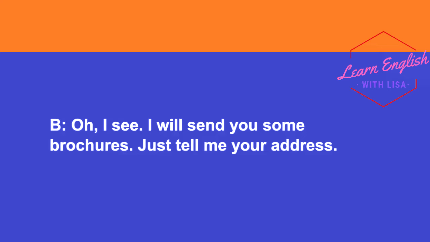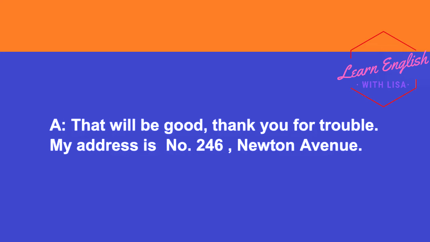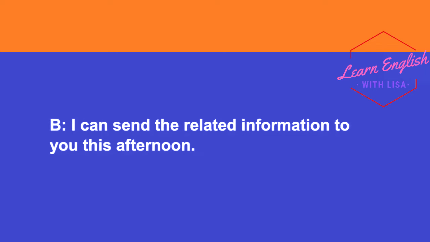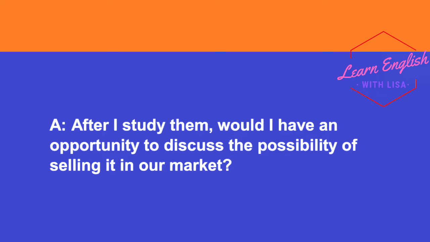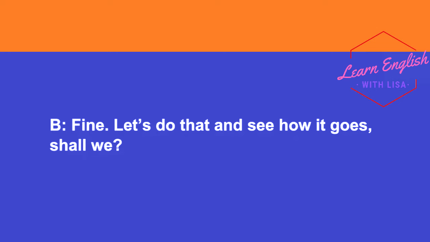I will send you some brochures. Just tell me your address. That will be good. Thank you for your trouble. My address is number 246 Newton Avenue. I can send the related information to you this afternoon. After I study them, would I have an opportunity to discuss the possibility of selling it in our market? Fine. Let's do that and see how it goes, shall we?